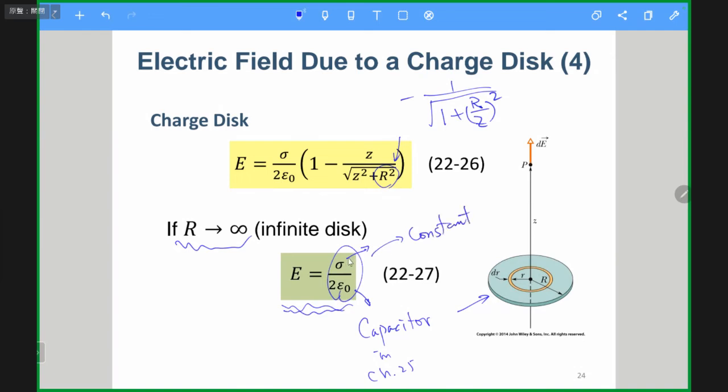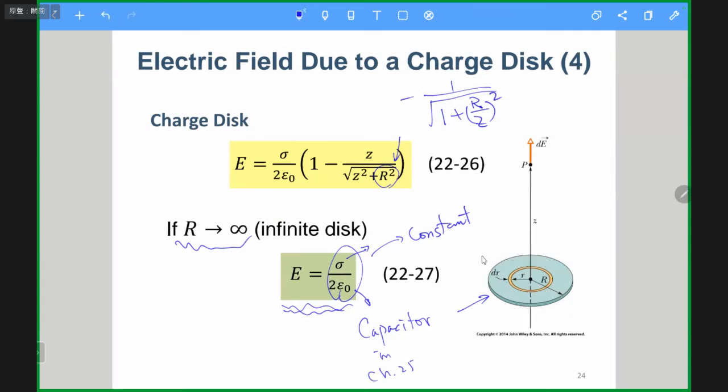It is not related to the distance from the plate to the point you are concerned with, which means that if this plate is infinitely large, it will generate a uniform E field in the whole space.